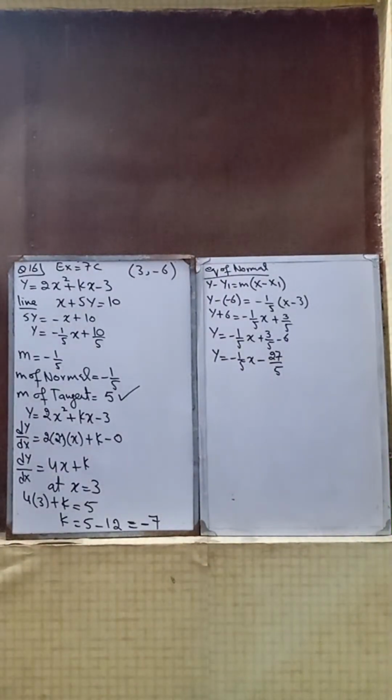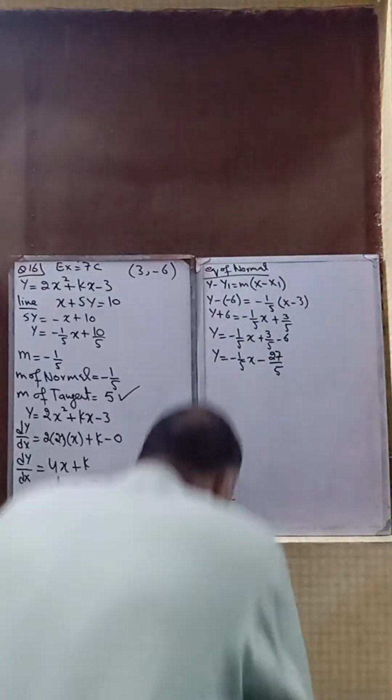They ask us to find the point where the normal intersects the curve again. So take the equation of the curve, take the equation of the normal, and solve them simultaneously. So you will find the point of intersection between the normal and the curve.